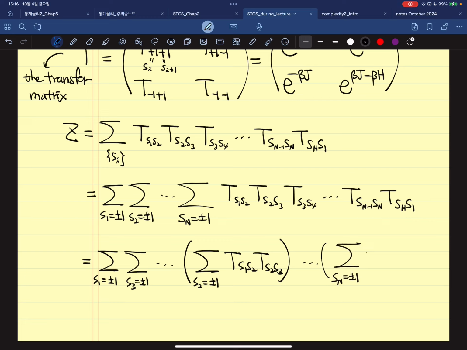It doesn't really matter, but just for notational convenience, let's assume this. So it's an odd and even index.